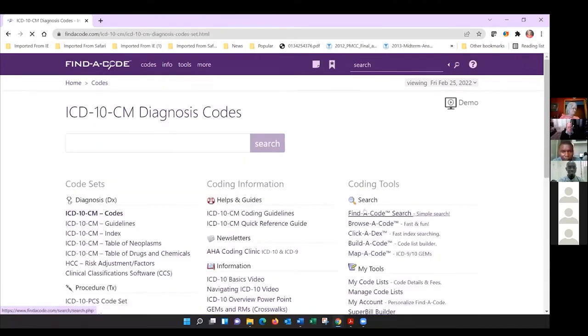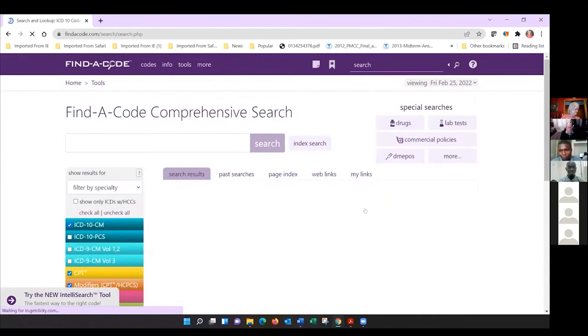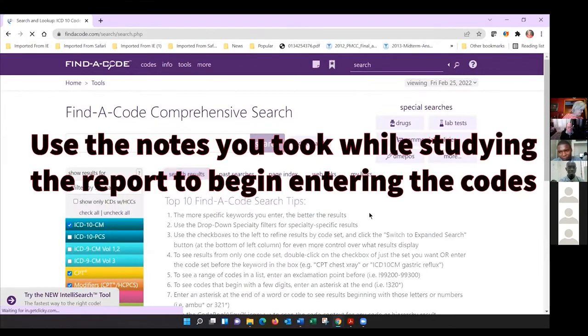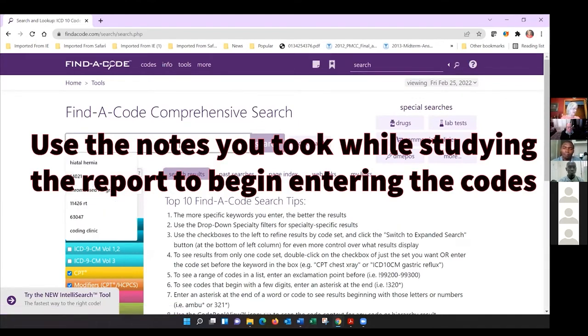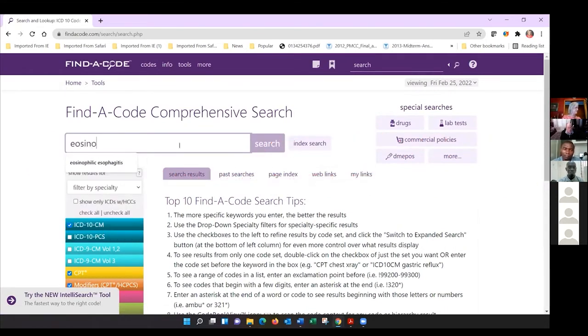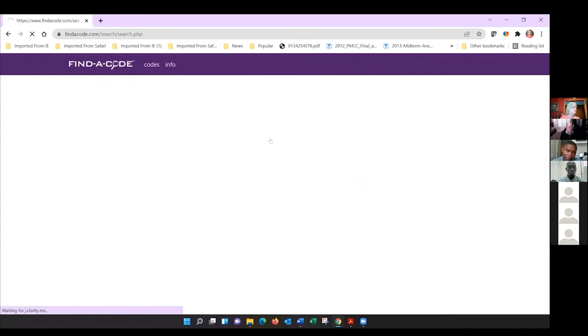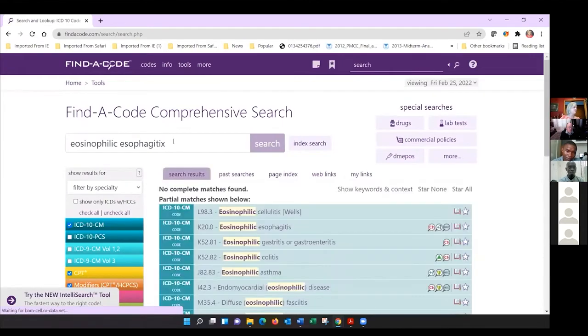Let's look up the code. Let me look at my notes right here and see if I spelled it correctly as I wrote down my notes. I'm going to cheat because I already looked it up, and I'm going to type it in. All right, then I'm going to search. I spelled it wrong.